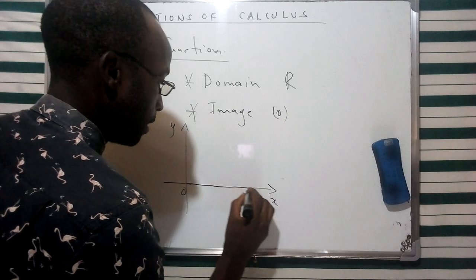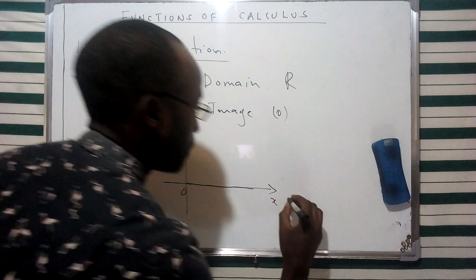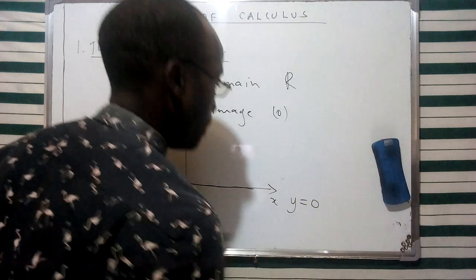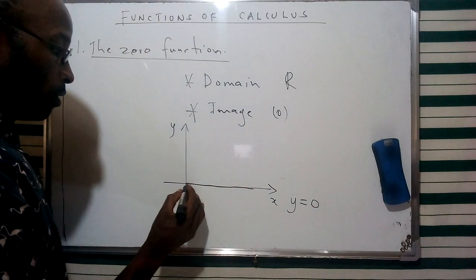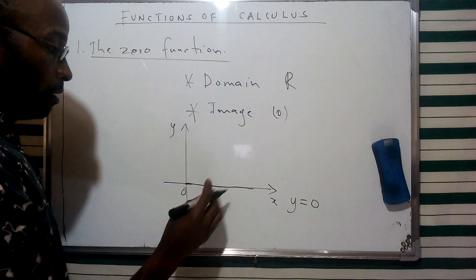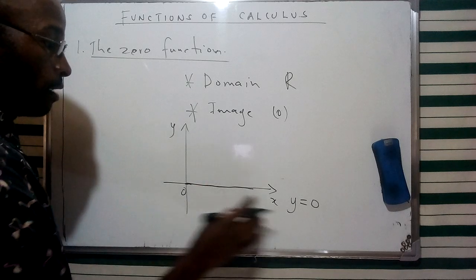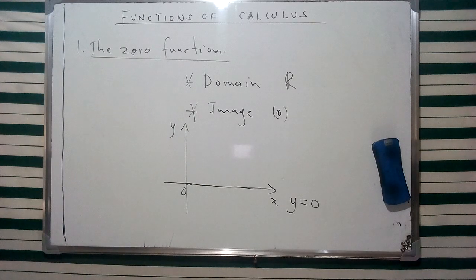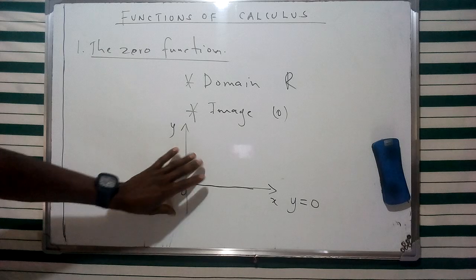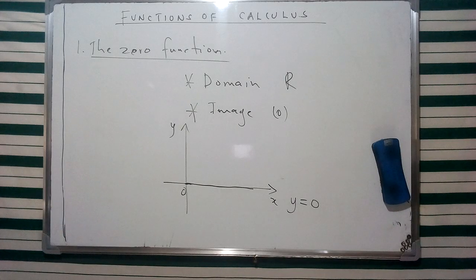This x-axis can be described by the function y = 0, since we do not have a change in y. So this is one of the ways in which we can describe this particular function that we refer to as a zero function.